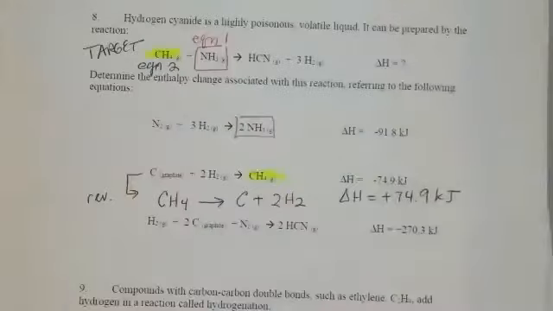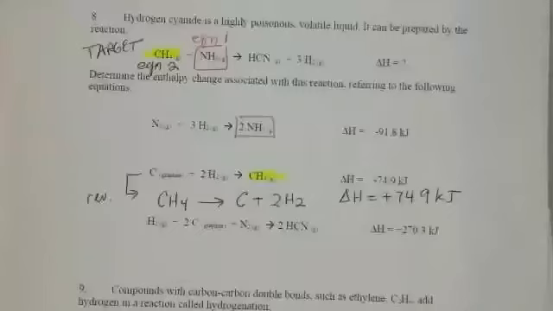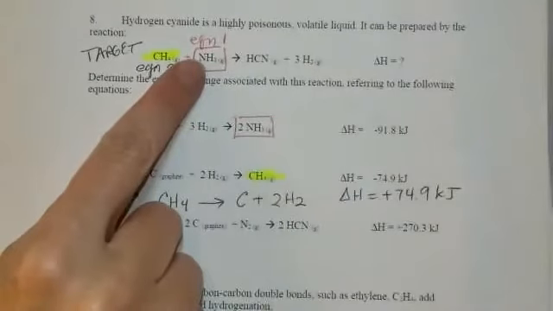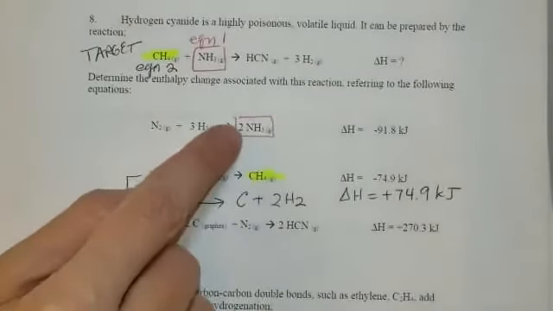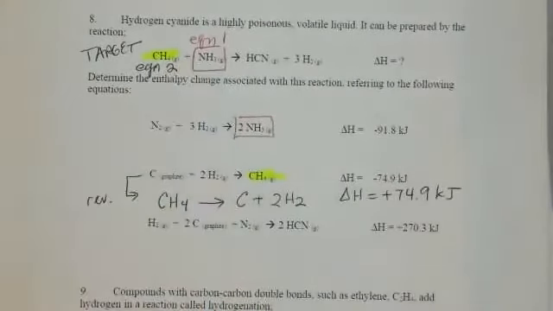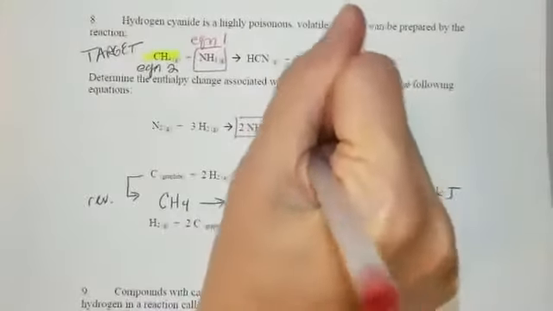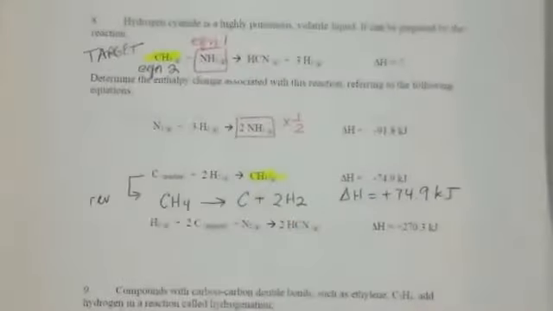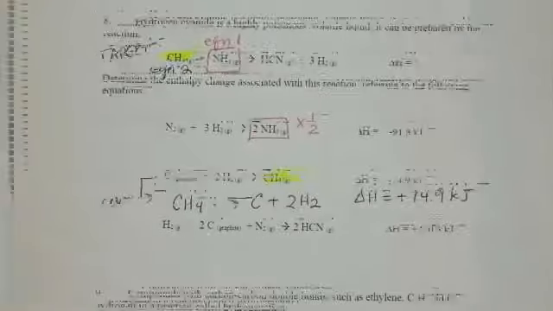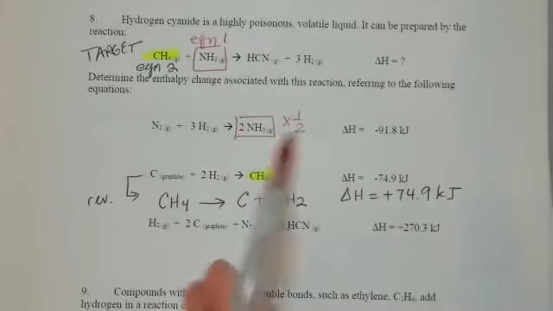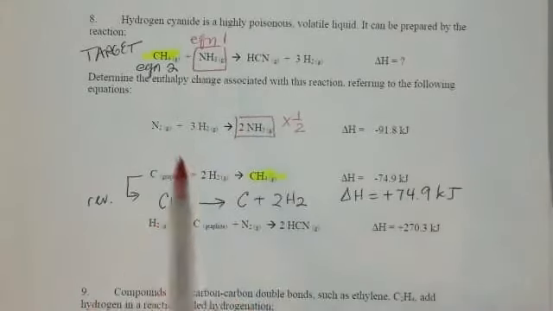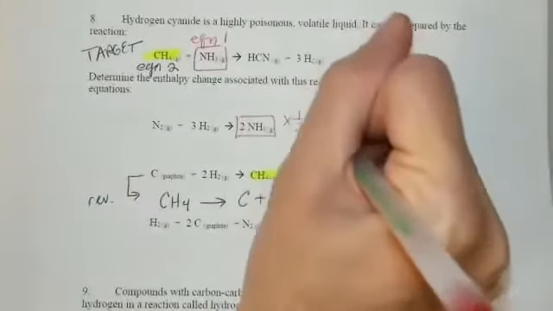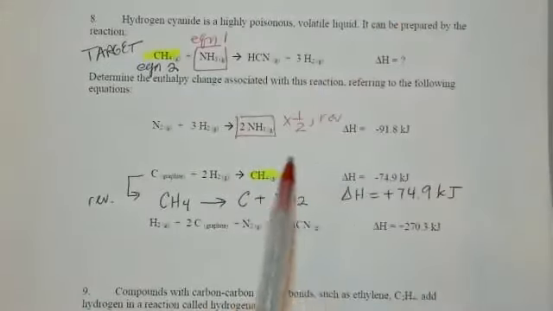So I have to say, okay, first, does it have the correct coefficient in front? No. It's got a 2. I only want it to have a 1. So I'm going to have to multiply it by a half. And then the second thing, is it on the correct side? And again, no, it's on the product side. I need it to be on the reactant side. So we're going to multiply it by a half and reverse it.